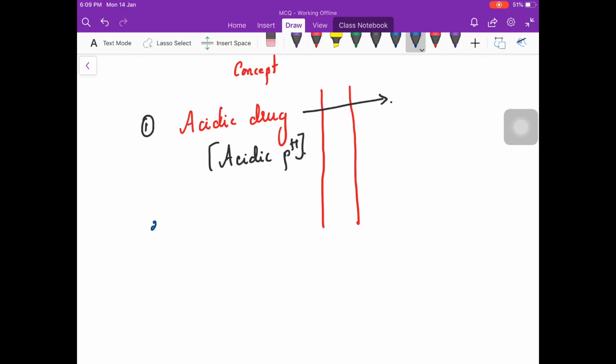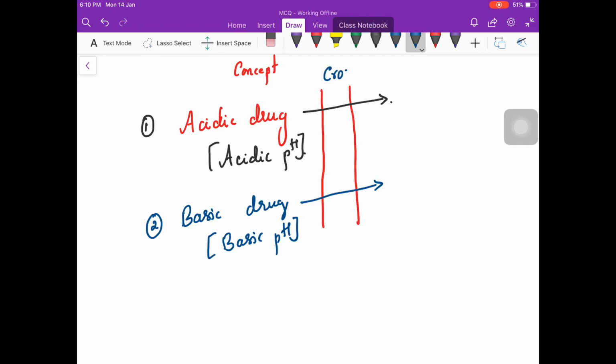Similarly, if a drug is a basic drug, it should be present in basic pH. Then the drug will get crossed. If it is crossing, it means the drug is getting absorbed. That is the first concept.